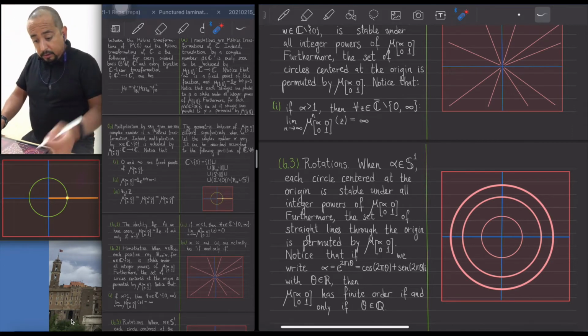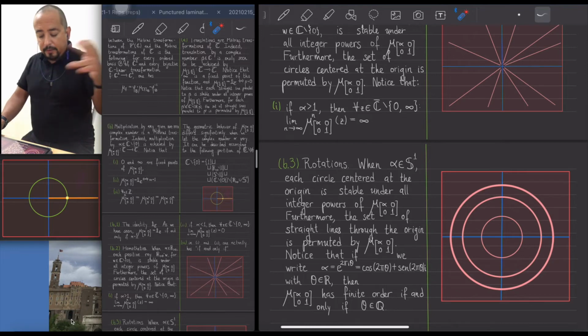So again, we immediately find a family of curves, each curve being stable under all integral powers of my function. How about the other family?